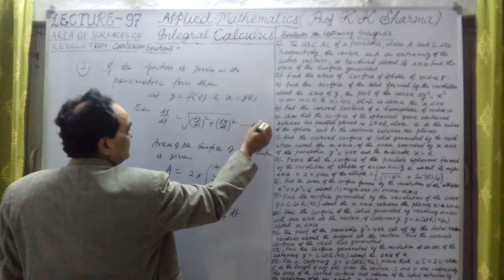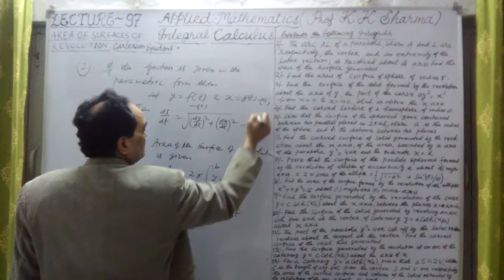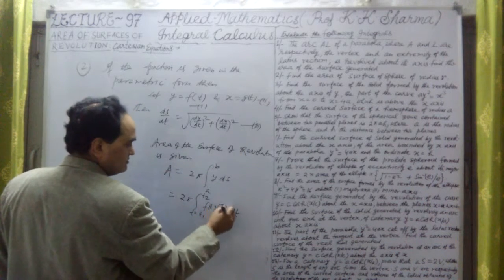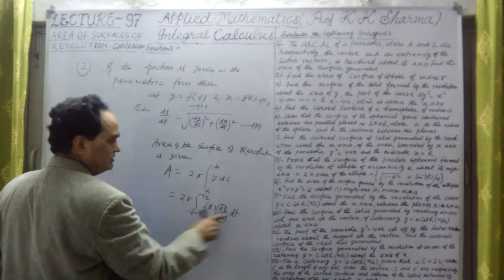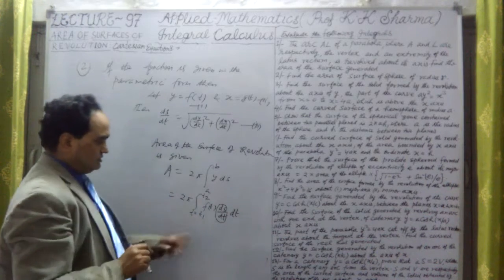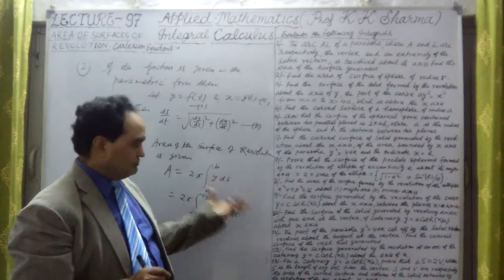This is the first one, this is the second one, and this is the third one. From the third, we will write here the value of ds upon dt. Then we will integrate this with respect to t. Limits are now in terms of t, so t equal to t1 to t2. This is the formula for parametric form.